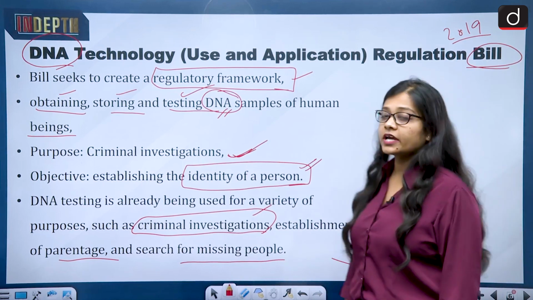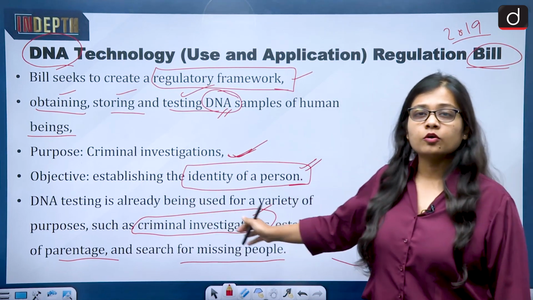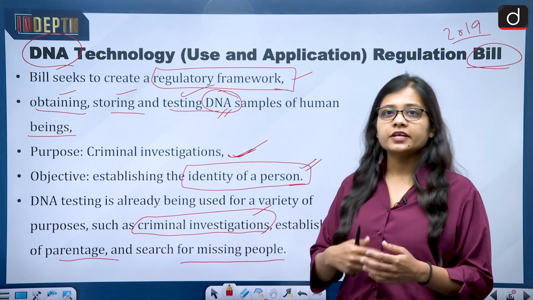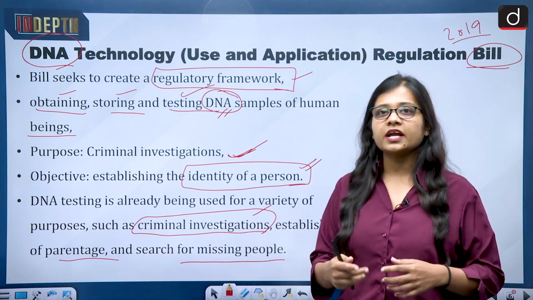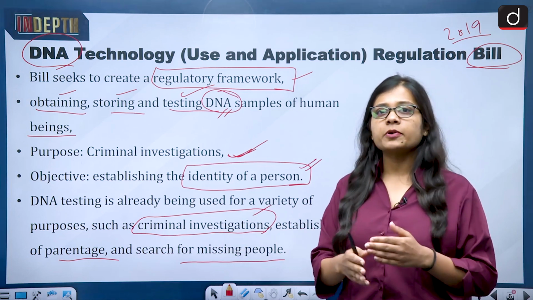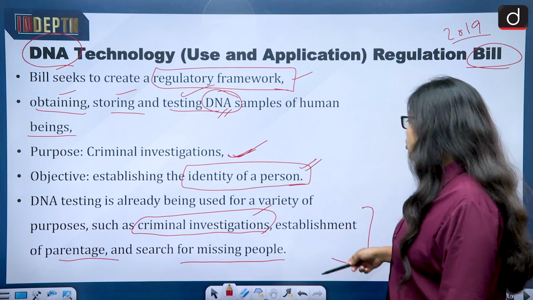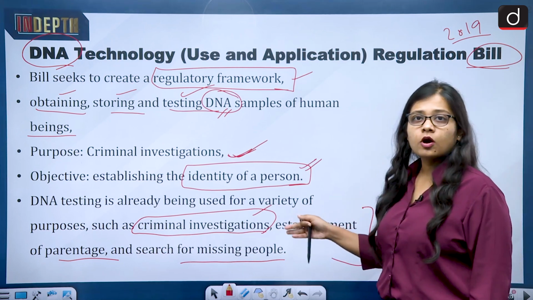But not every single person can go and ask for DNA sampling of these people. A certain procedure needs to be followed, and permission has to be granted that the DNA samples of the person need to be obtained.